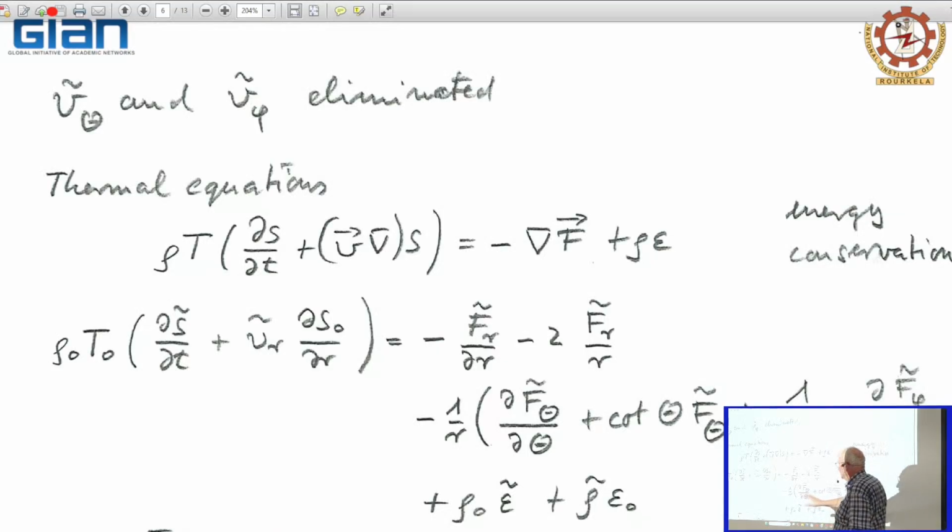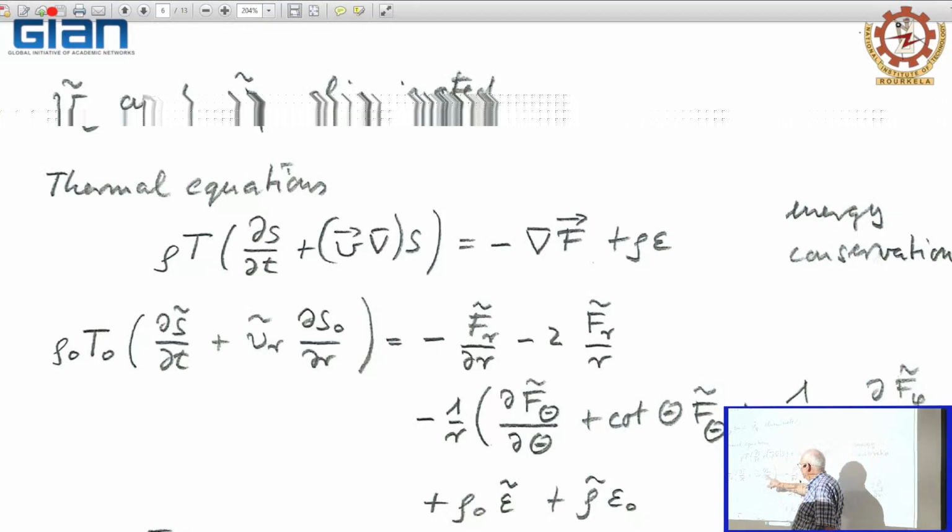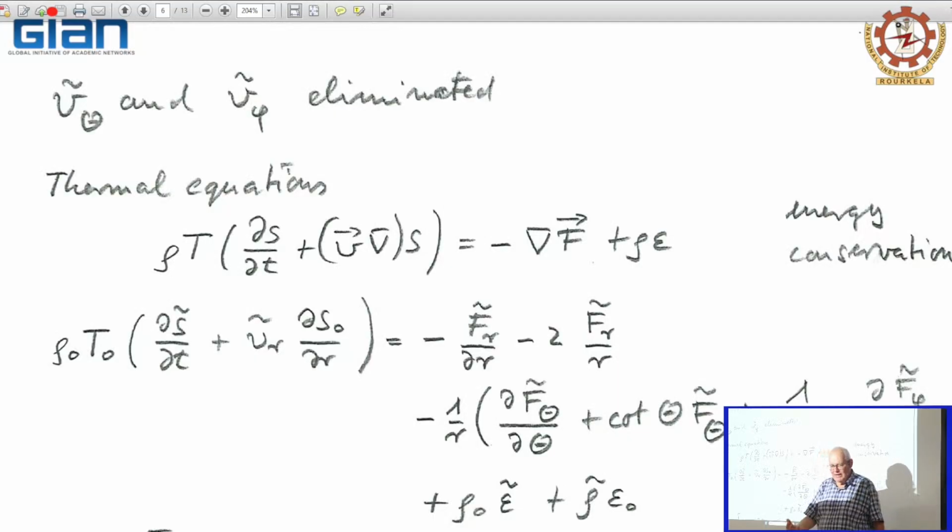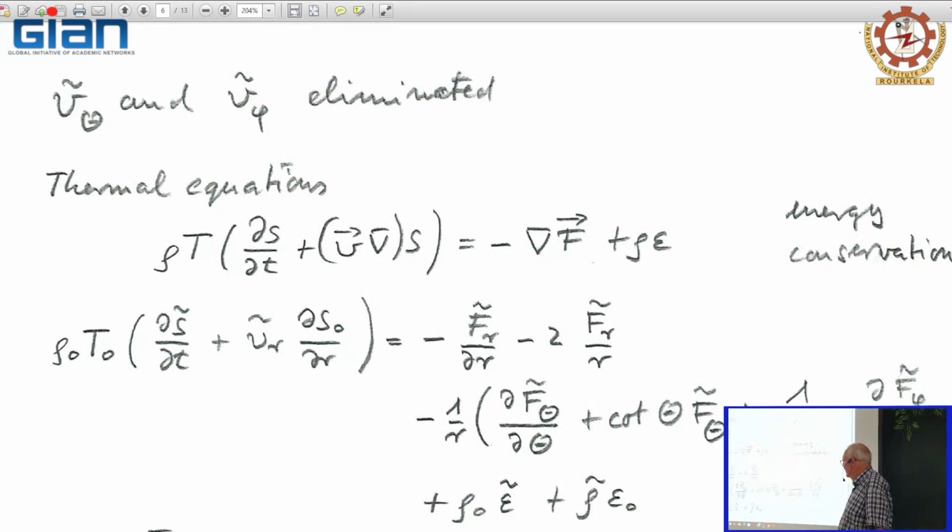Okay, so the linearized version of the left-hand side is the perturbed radial velocity component times the background entropy gradient. Well, this is now, first of all, the term rho times epsilon looks very much the same as in the radial case.